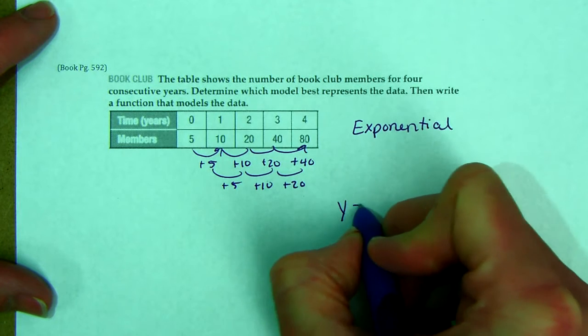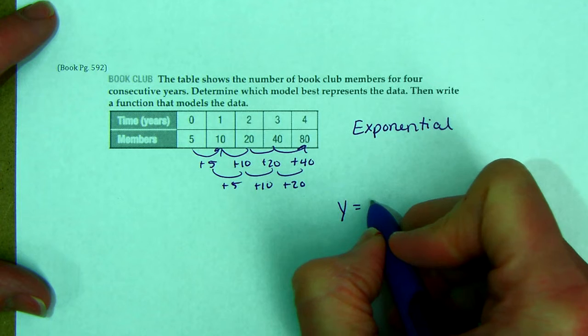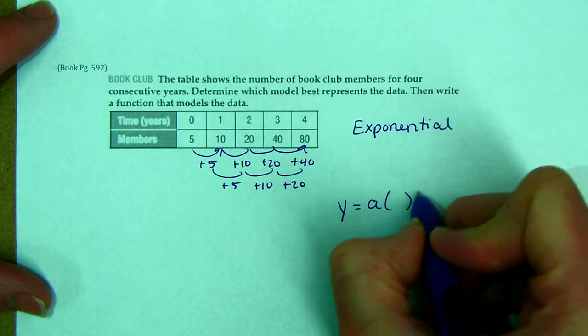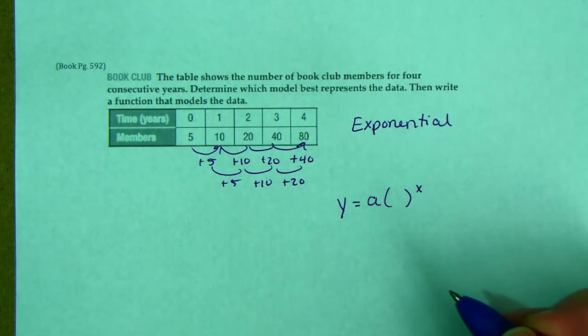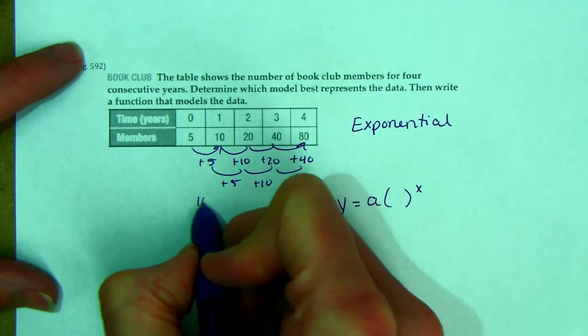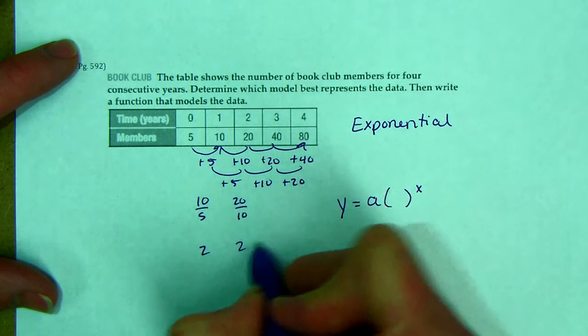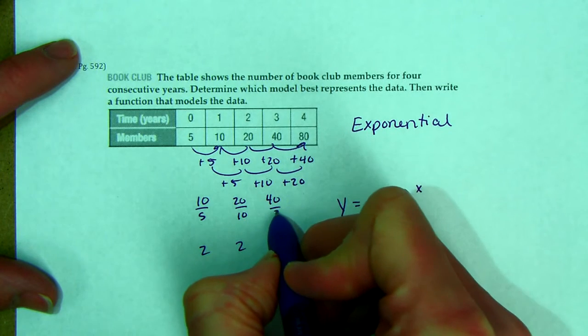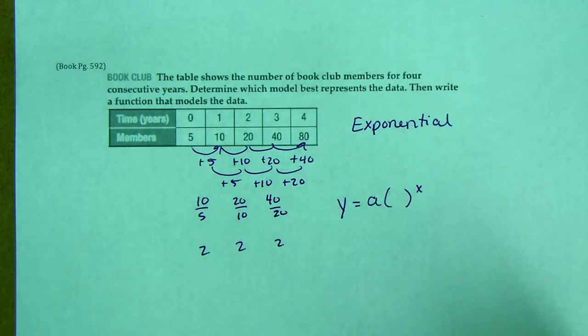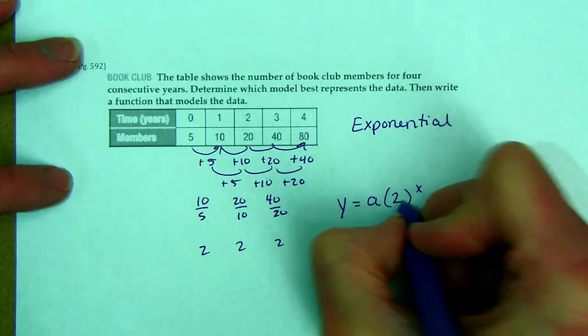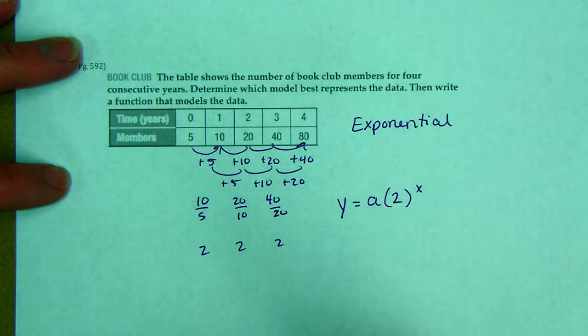Now how do I find a ratio? 10 over 5, that's 2. 20 over 10, that's 2. 40 over 20, that's 2. 80 over 40, that's 2. Our ratio is 2. Now we got to find our first term. If you're not sure how to identify it in your table, pick a point. I'm just going to pick this one.